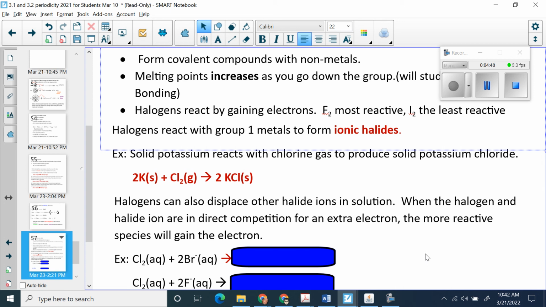And notice that potassium catches fire in water, making a purple flame. Chlorine gas is a poisonous gas. And when they react together, they form this very stable potassium chloride, right?